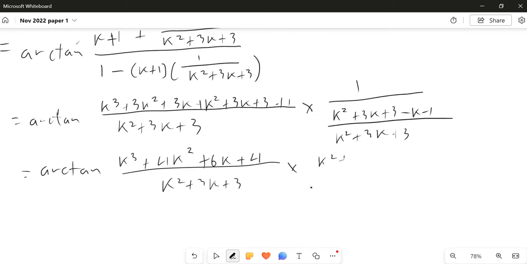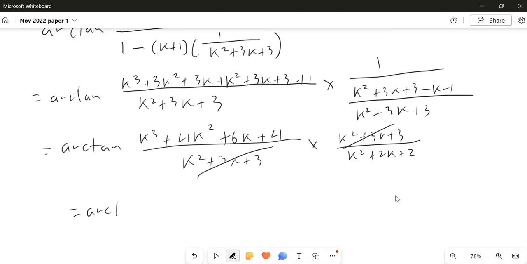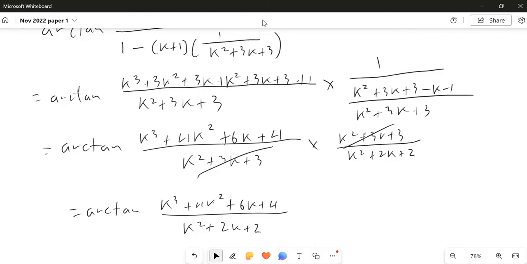Okay, so first case, this is like 1 divided by blank, so this can move up here, so k squared plus 3k plus 3 over k squared plus 2k plus 2. So then these can cancel out because k squared plus 3k plus 3 is in the numerator and denominator. So then we'll have equals arctan of k cubed plus 4k squared plus 6k plus 4 over k squared plus 2k plus 2.